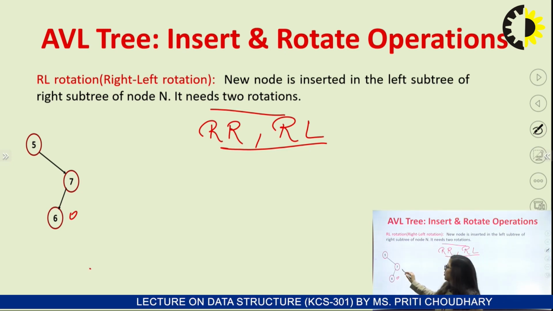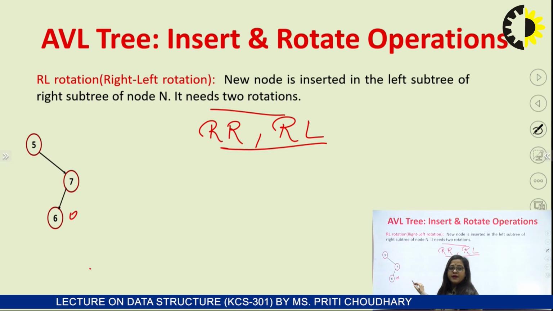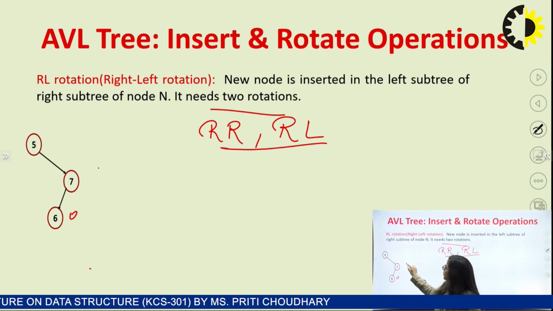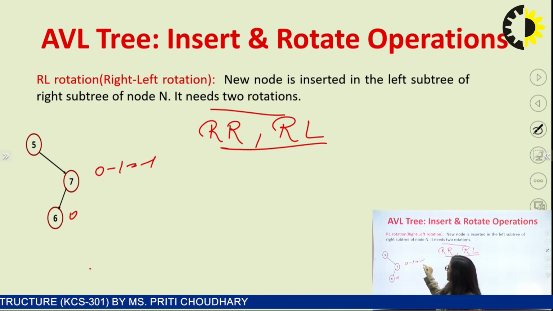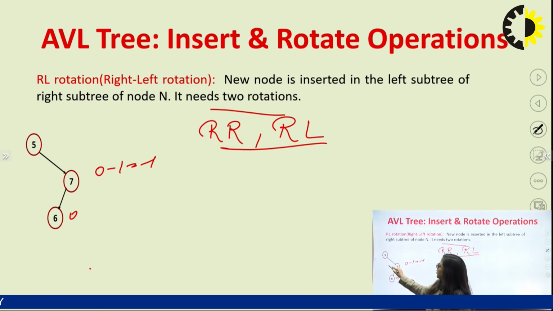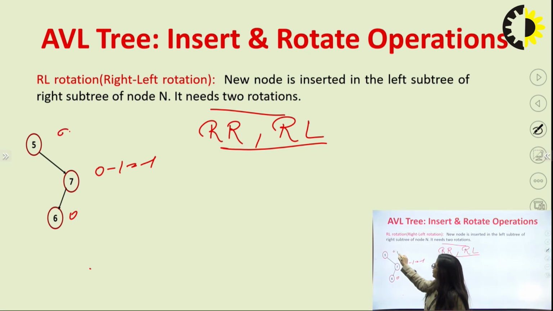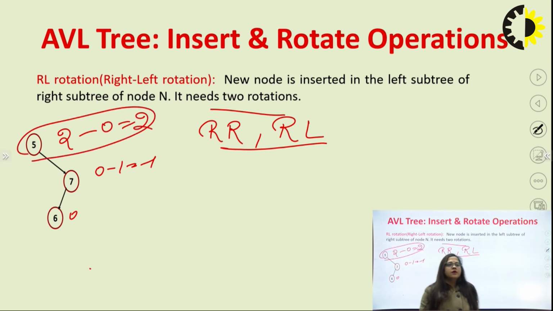Now check: right direction is 0 and left direction is 1, so 0 minus 1 is minus 1. No need to change here. Now check here 6, 7. Right direction is 2, left direction is 0. So we want to fix this.